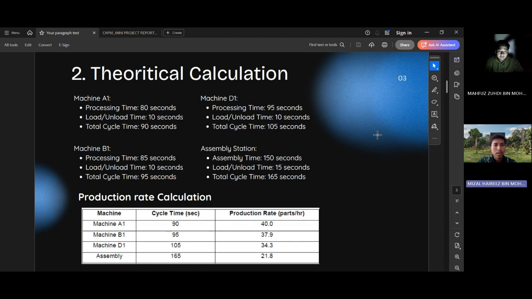So to show the table for the production rate analysis, we can see that machine A1 is 40 parts per hour. Machine B1 37.9 parts per hour. Machine D1 34.3 parts per hour, and the last one, assembly, 21.8 per hour.